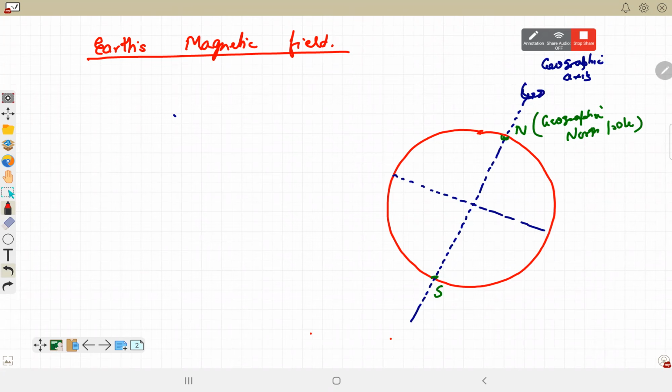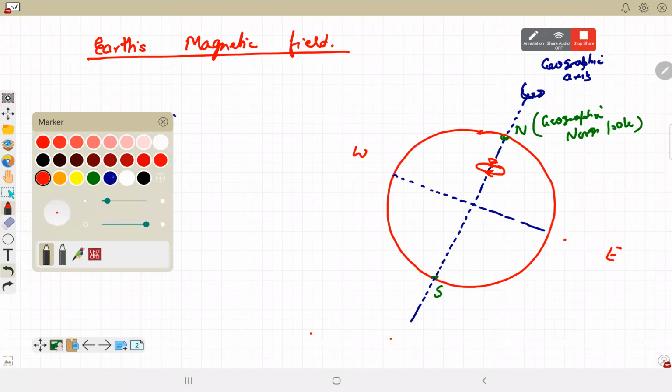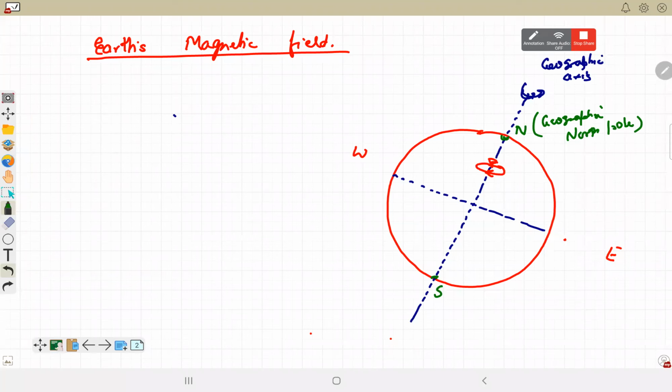So if current is from east to west, and we curl our finger from east to west, then the direction of magnetic field is coming out from the south. So that means from the Earth we can consider there is magnetic field coming out from the south direction.